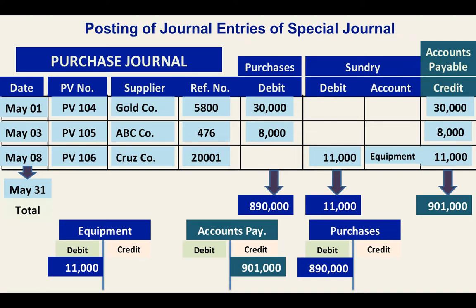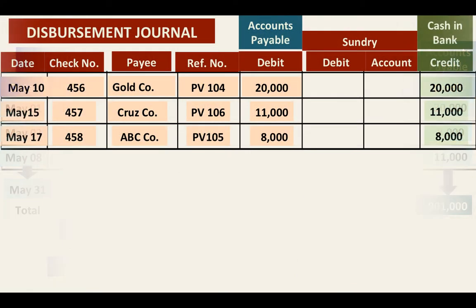Mas maganda kasi kung computerized na, mas madali nang i-post even each account. Okay? But I'm trying to give you the concept of why it can save time when using special journal and save time in terms of posting. Okay, gagawin natin lahat yan sa lahat ng special journal.